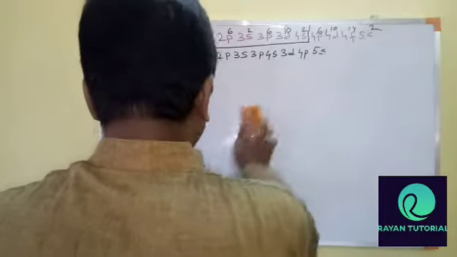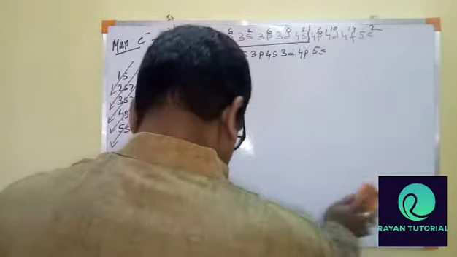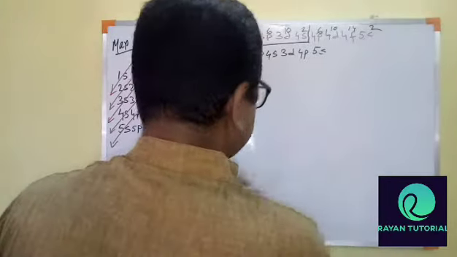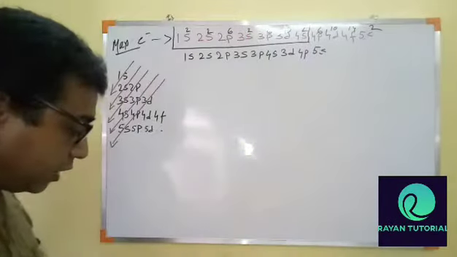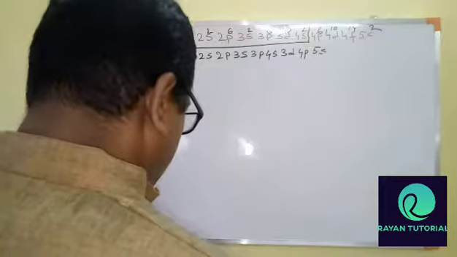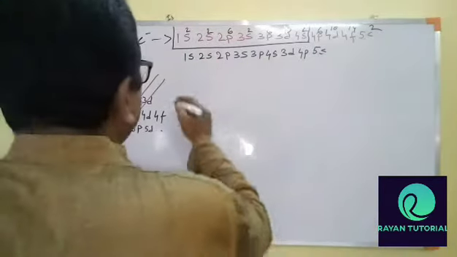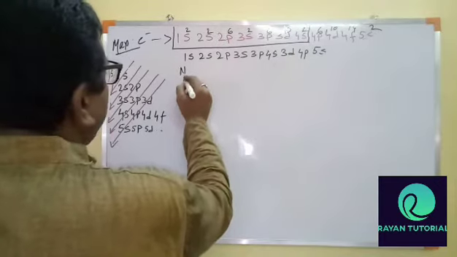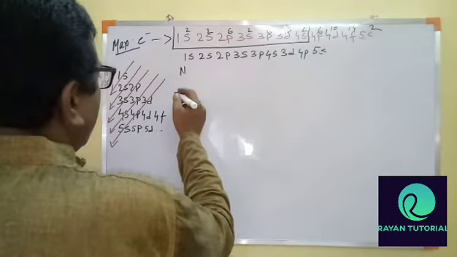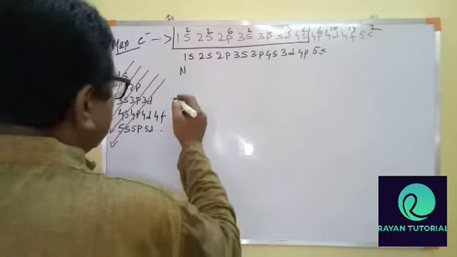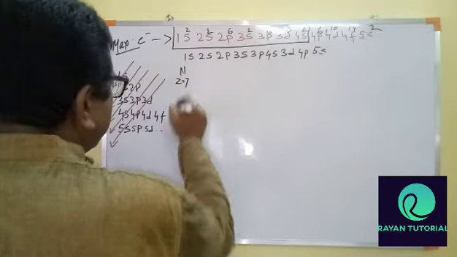After carbon comes nitrogen, 7, right? Yes. Nitrogen is 7.